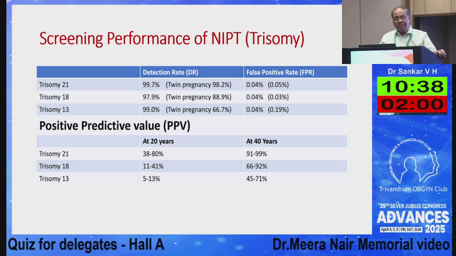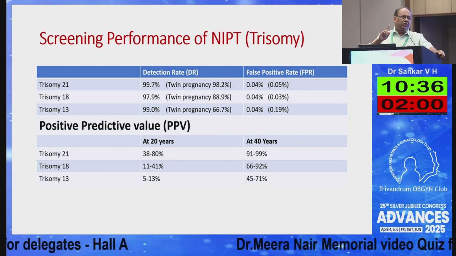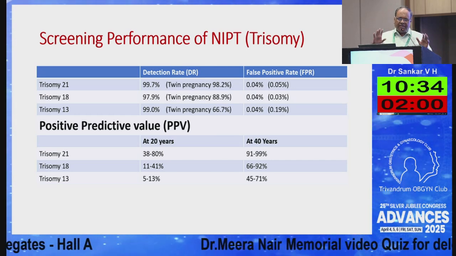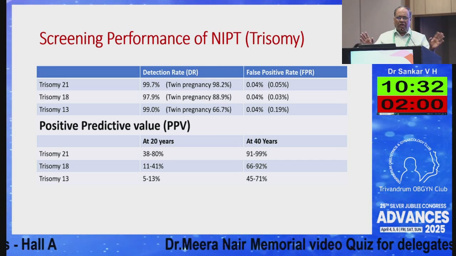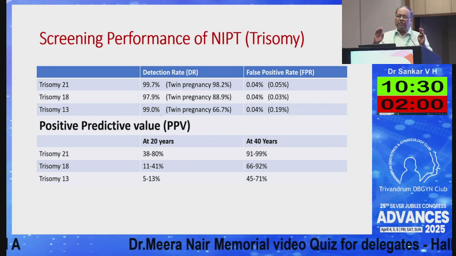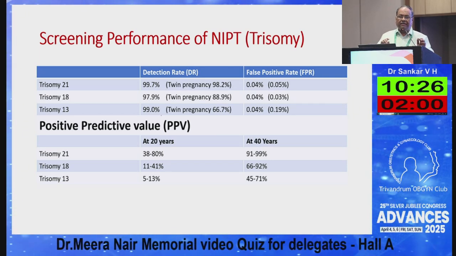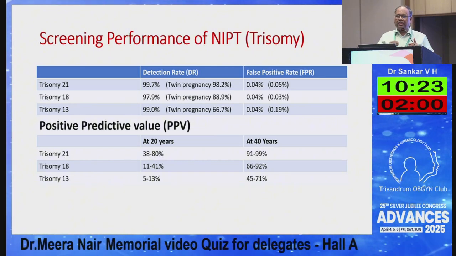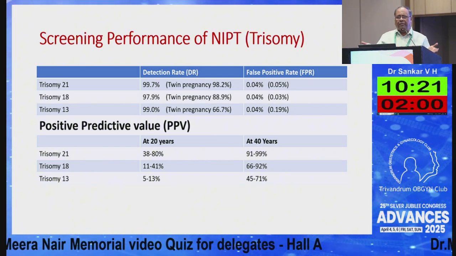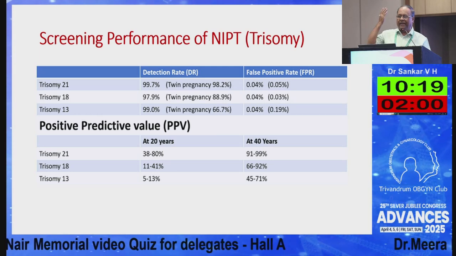Coming to the positive predictive value, this is not specific to this test, it is basic statistics, basic epidemiology. Positive predictive value always depends upon the prevalence of the disease in our population. If you use some screening test for dengue, and dengue is very common in our population, PPV will be high.